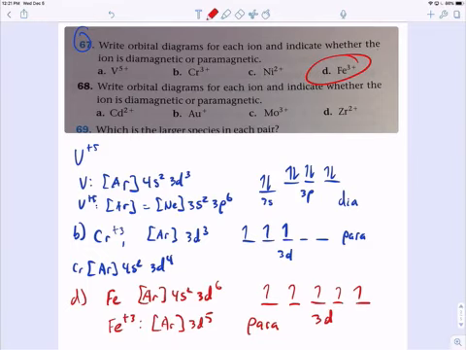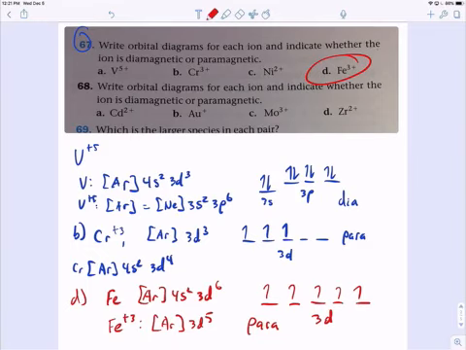Yeah, so the highest n first. So 4 is bigger than 3. It takes 2 from the 4s and then moves to the 3d.